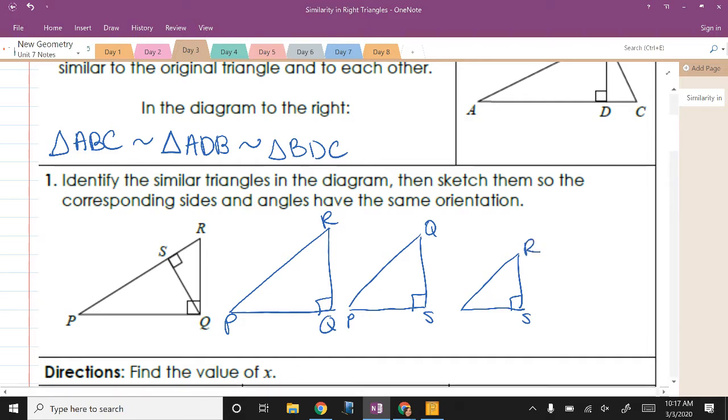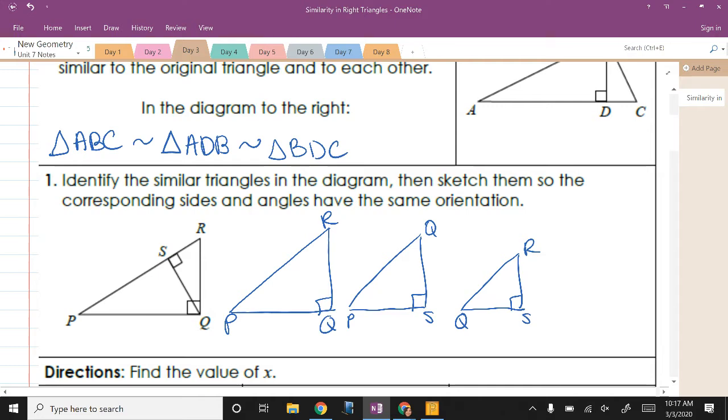And the long leg goes to Q. So y'all see what I did? It's like I just took the original triangle, then I flipped around the other ones to where they were facing the same direction. Okay, but make sure when you do that, the right angle stays the right angle, and then the short and long legs go with their corresponding parts.